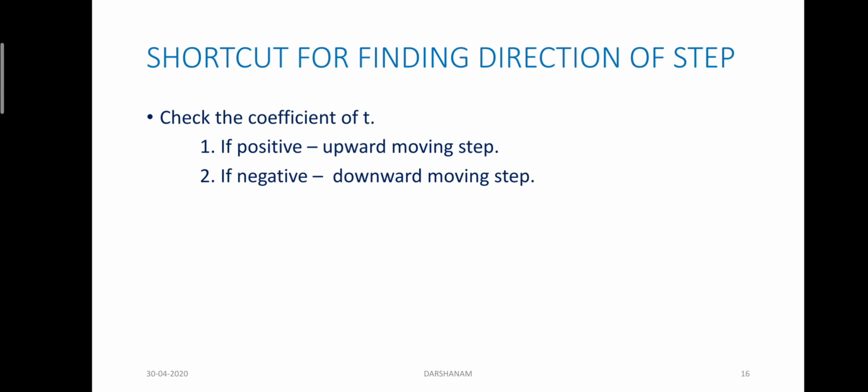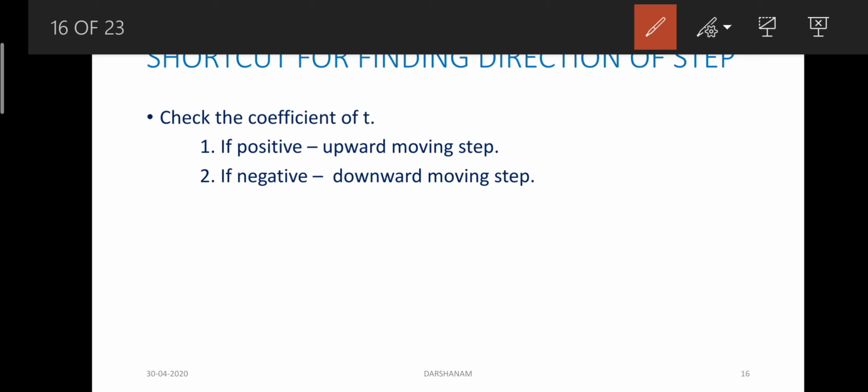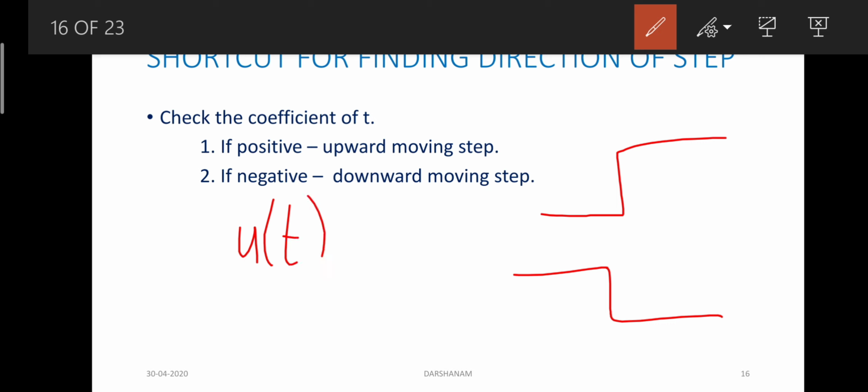Next, for finding the direction of step. For finding whether the step function is upward moving or downward moving, we can just check the coefficient of t. If the coefficient of t is positive, as in u of t, it will be an upward moving step.